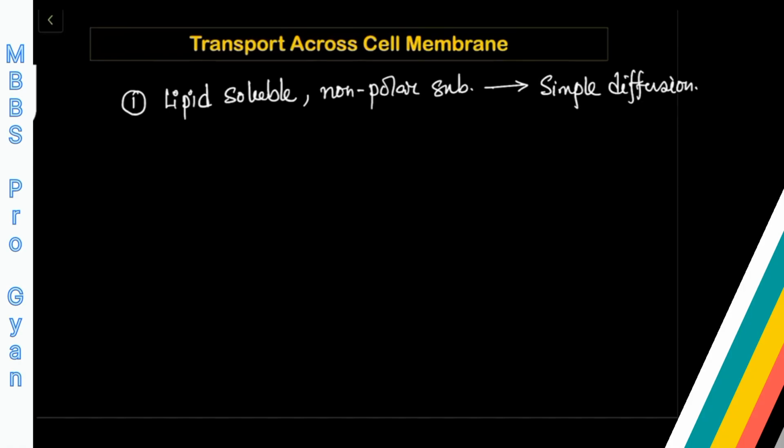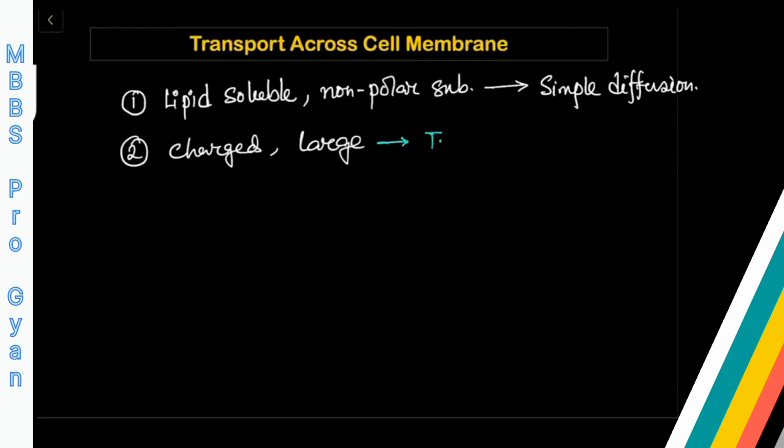But the problem arises when the molecule is a charged molecule. If the molecule is charged or a large molecule, then the cell membrane is almost impermeable to them. And in these cases, what do you require?